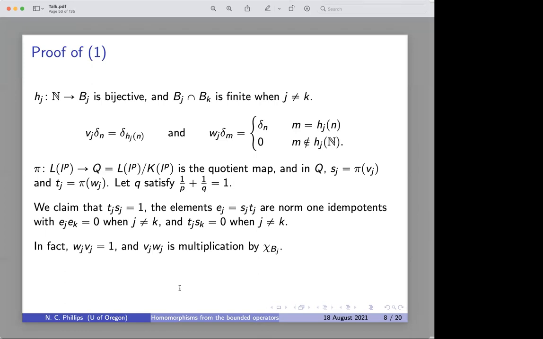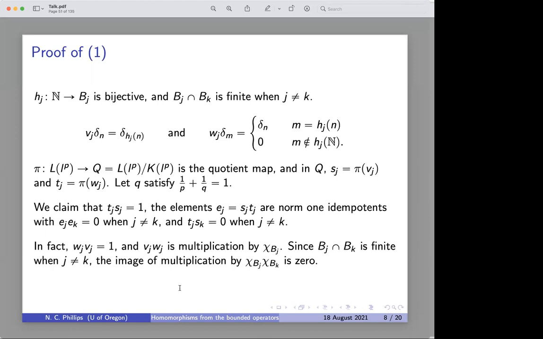And Vj times Wj is multiplication by the characteristic function of Bj on little lp. Well, now Bj intersect Bk is finite when j is not equal to k. So the image of multiplication by that in the Calkin algebra is 0 because it's a finite rank operator. And so that's what gives you Ej Ek equals 0 when j is not equal to k.